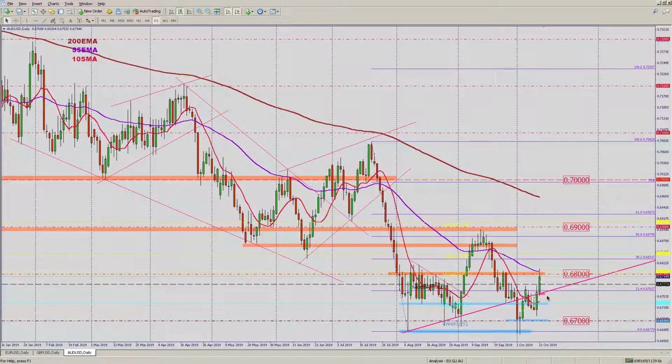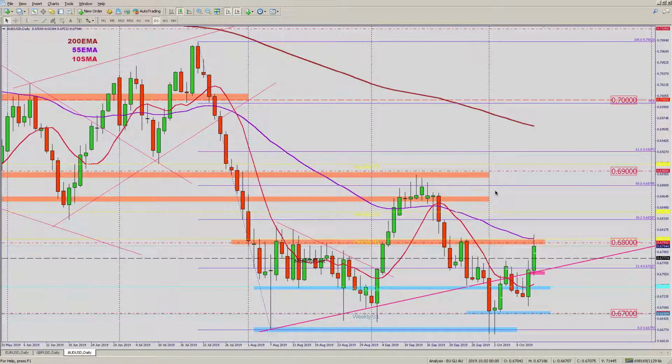But it has climbed back up above its previous trend line that it fell from, and went up to hit the 0.6800 level and the daily 55 EMA. So this is still a key resistance zone.